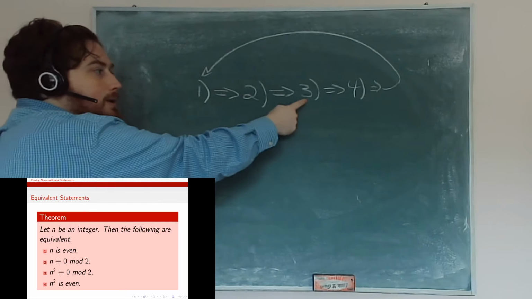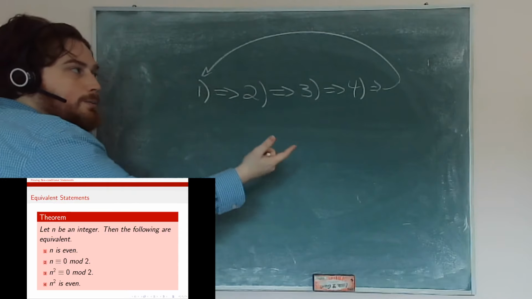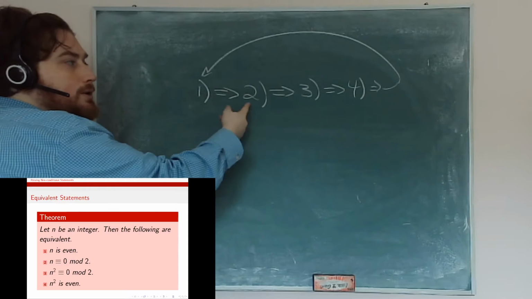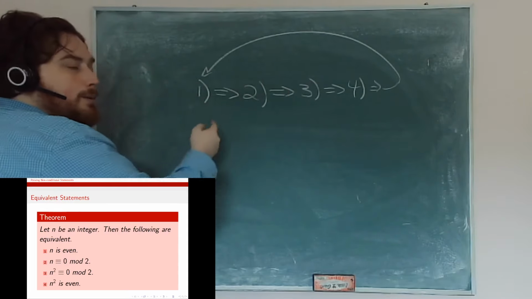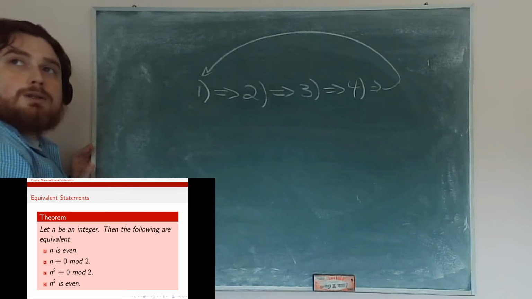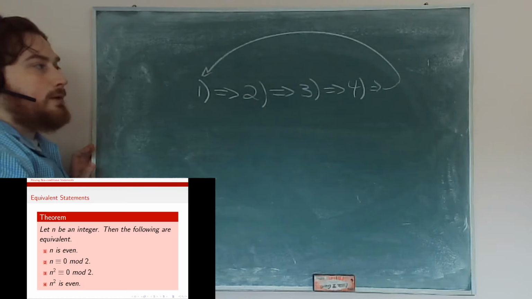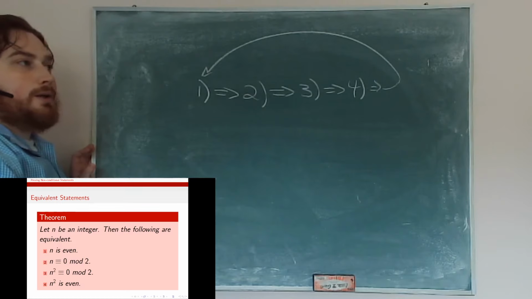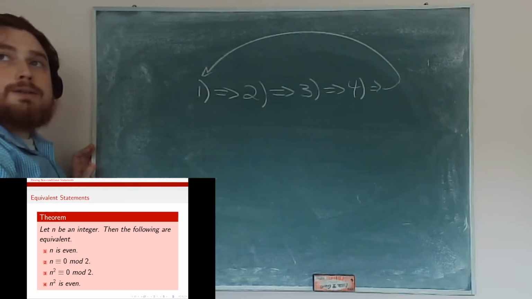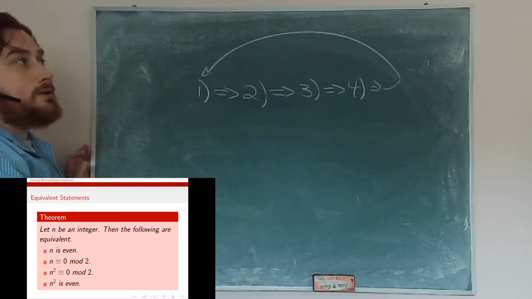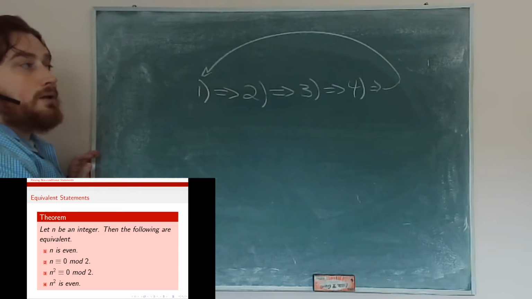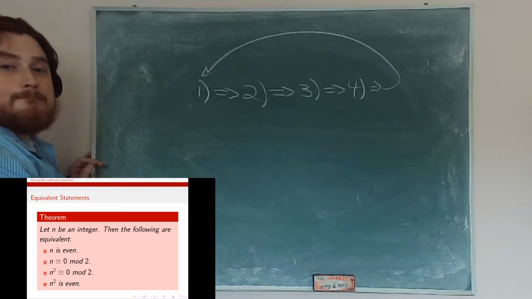I also get 3 implies 1 by the same reasoning, and 4 implies 2 because 4 implies 1 implies 2. Because we have this circular path, all of them imply each other. Therefore, each of them is true if and only if the others are true, so they are all equivalent statements.